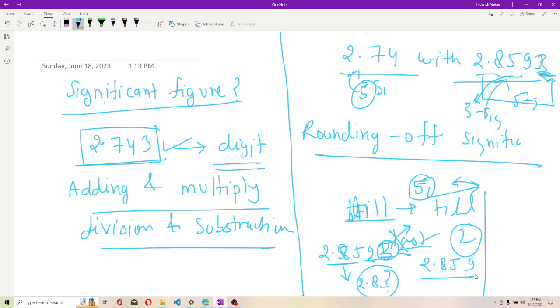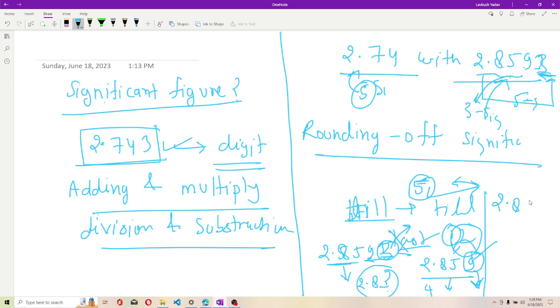Now we have reached four digits. Now we see whether this number is greater than 5 or not. You can see it is greater than 5, so we increment its preceding digit by 1. So it becomes 2.85 plus 1, so 2.86, and this number is dropped.